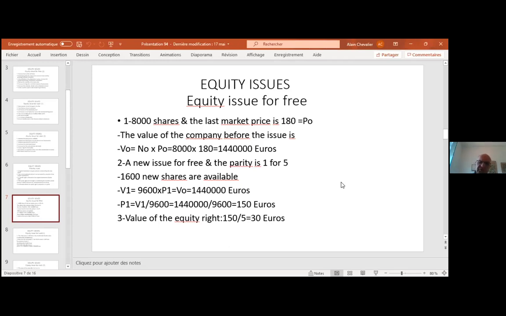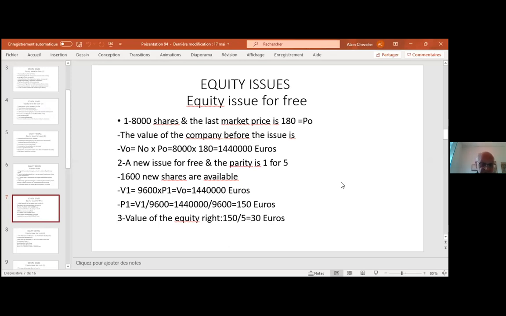Of course, you will raise several questions. The first one is, can you buy and sell equity rights during the transition period of 7 weeks? The answer is yes, you can buy and sell. For example, I know this company, but I was not a shareholder before the announcement. At the time of the announcement, I had a look at the balance sheet, income statement, returns, risk, and so on, and I'm interested in becoming an investor, a shareholder. What can you do?